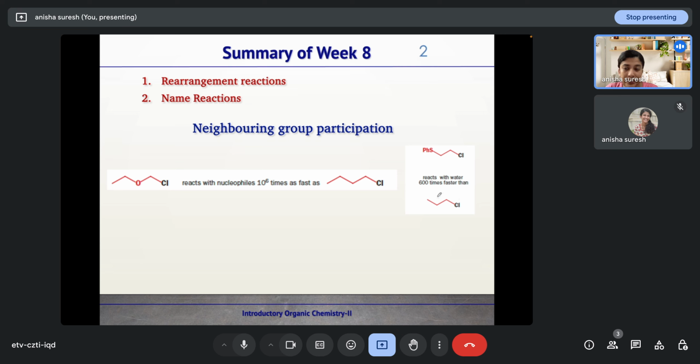And coming to another example, here this ether chloride, having this ether incorporated, reacts with nucleophiles 10 power 6 times as fast as normal alkyl chloride. So what makes a difference in reactivity?